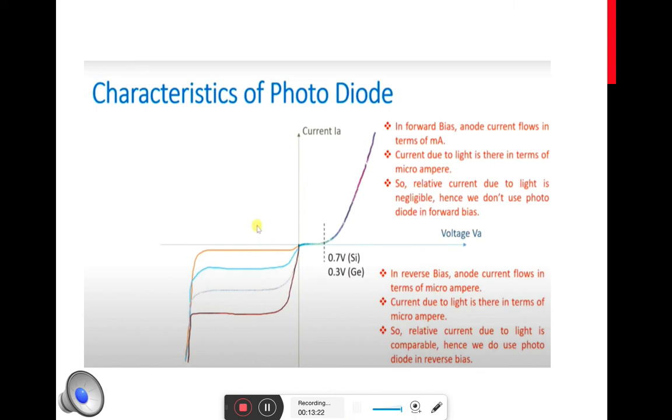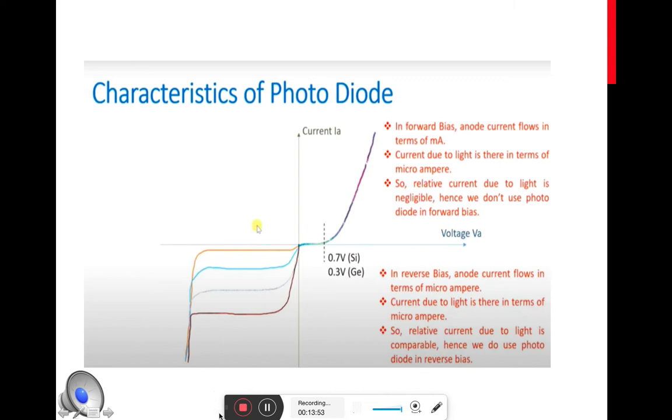As more light is applied, the blue curve shows a higher current flows. From the graph we can see that as we increase the intensity of the light, the current flowing through the photodiode increases. This relative increase in current is in the range of microamperes, compared to the forward bias condition, which was in milliamperes.